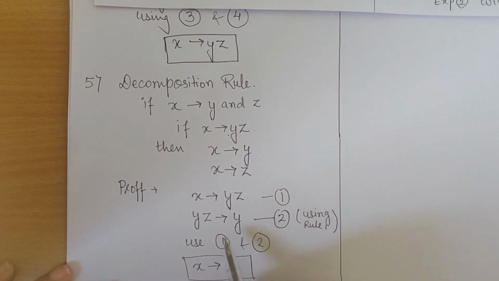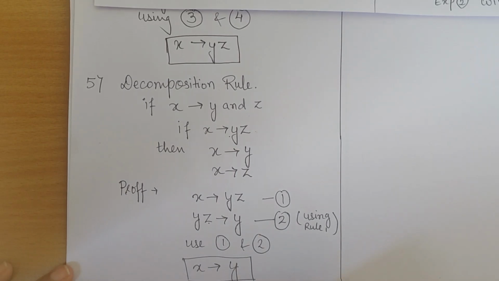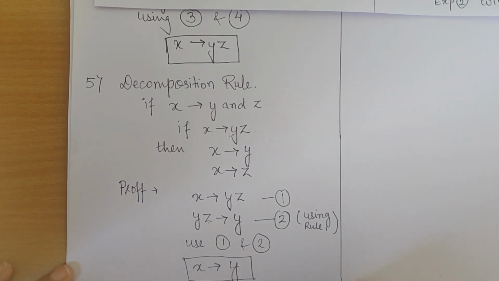Now here I can do the same thing with respect to Z. Z is a subset of YZ, so I write YZ determines Z using rule number 1, as my expression number 3.